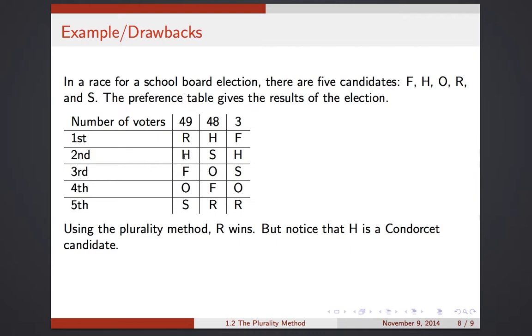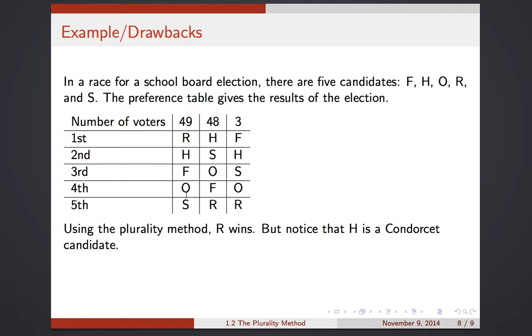And in fact, if you compare H to any other candidate, you'll see that he wins head-to-head. So for example, 49 people prefer H over F. 48 people prefer H to F, and then 3 people prefer F over H, right? So there's a bunch of people that like H as compared to F, and then H pretty clearly wins when compared to everybody else.